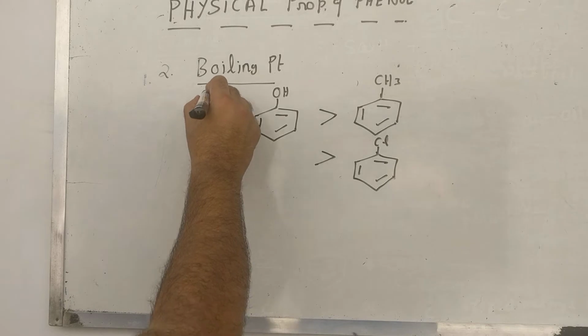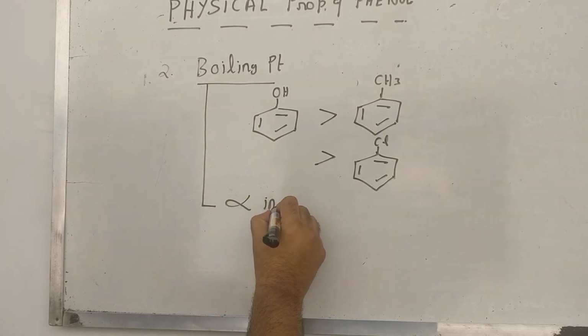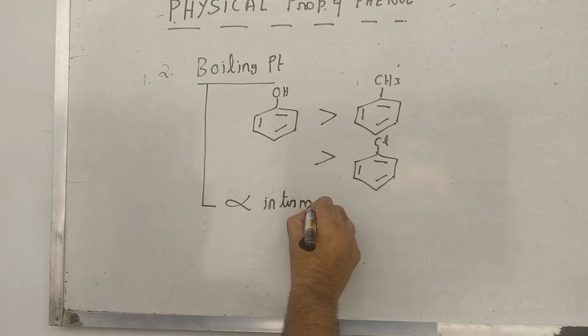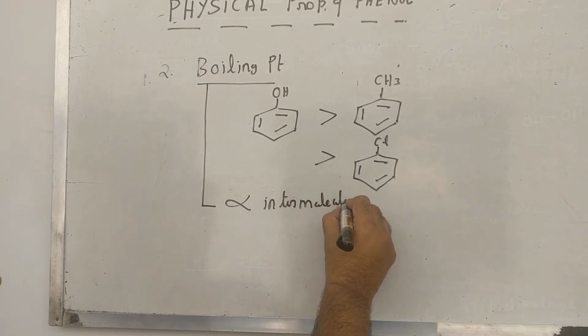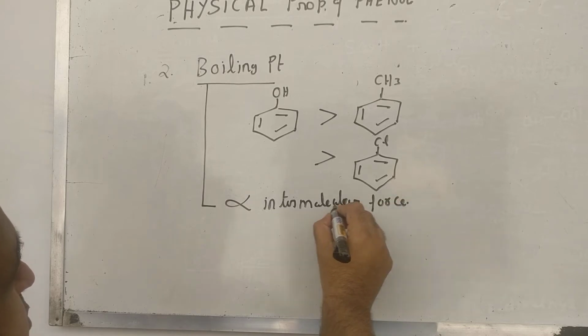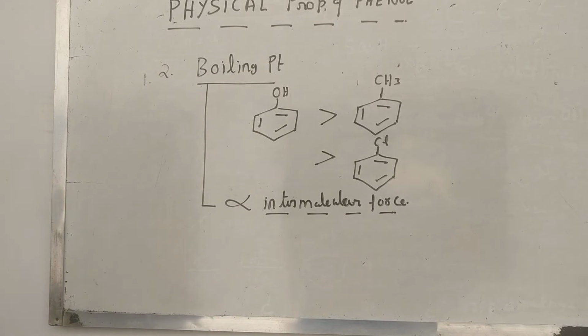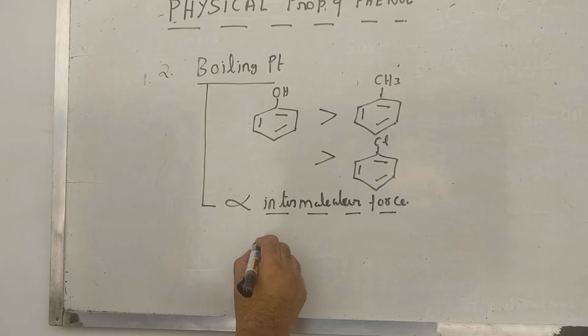Boiling point depends directly on intermolecular force of attraction. That is force of attraction between the molecules. More is the intermolecular force of attraction, more will be the boiling point. So between the phenol molecules, let's see what type of intermolecular force of attraction is there.